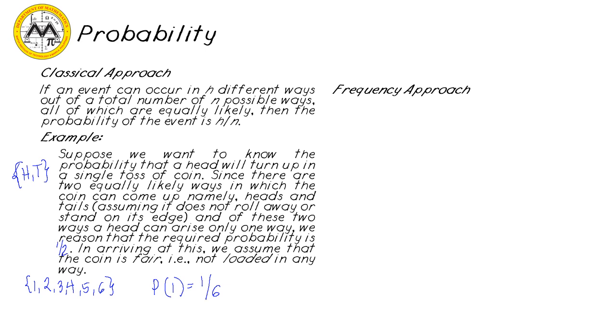The next approach is the frequency approach. By the way, the classical approach is called the a priori approach, while the frequency approach is the a posteriori approach. Posterior, so after the experiment. This is also known as the empirical approach.